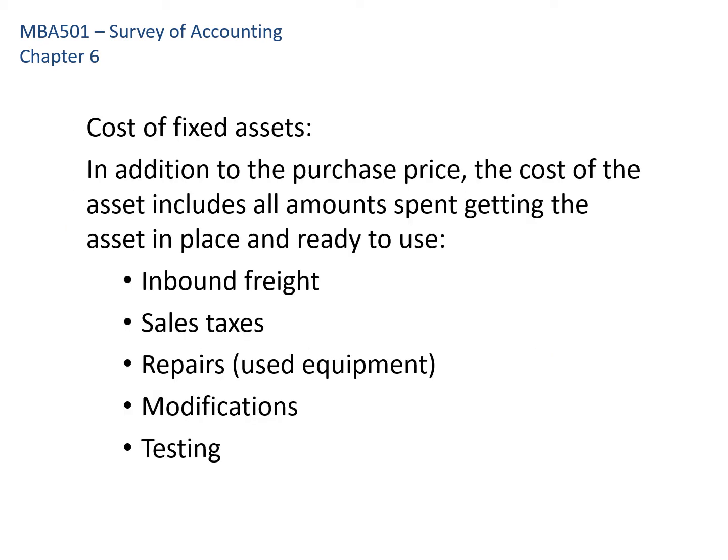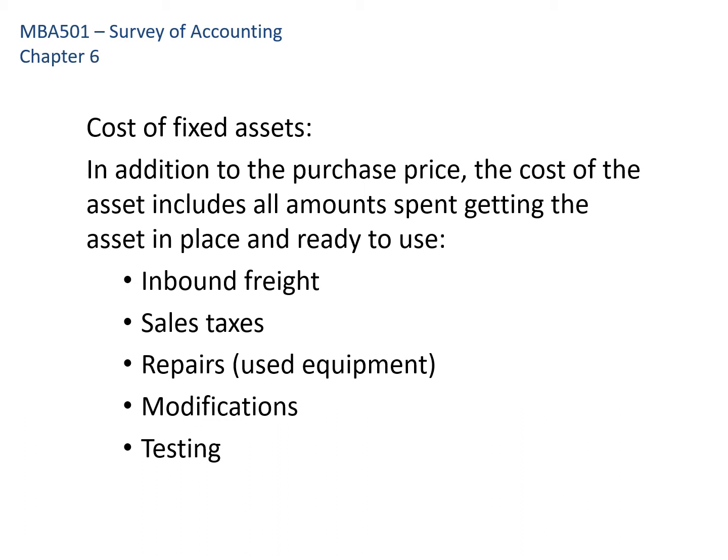So the cost of a fixed asset is going to be all of the cost required to get that asset to your business and functioning as you need it to in your business. So of course it's going to be the purchase price of the machine as an example. It might also include freight charges to get it from wherever it's located to your business. You'll probably have to pay sales tax on it.